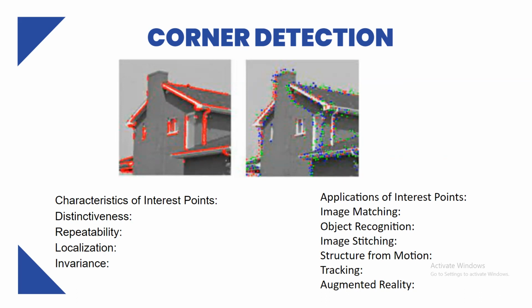All these use interest points. Image stitching: you've seen panoramas, those long photos of long landscapes. They stitch these images with the help of interest points. Structure and motion tracking: let me say a car is moving in a video, tracking that motion, and also augmented reality.